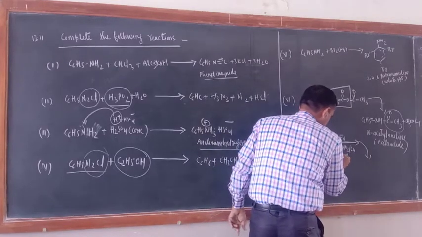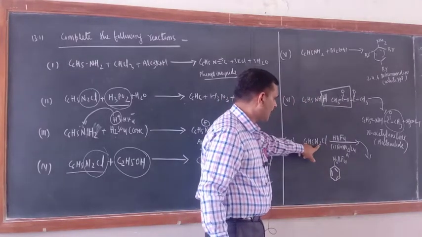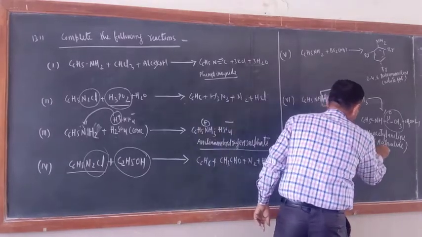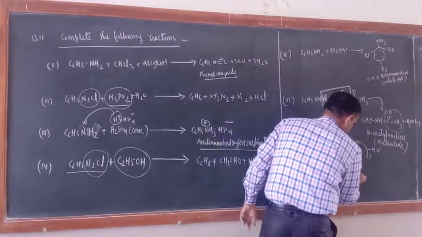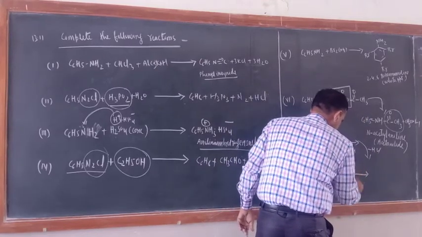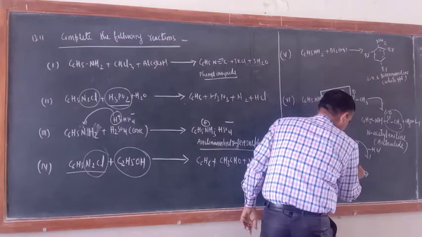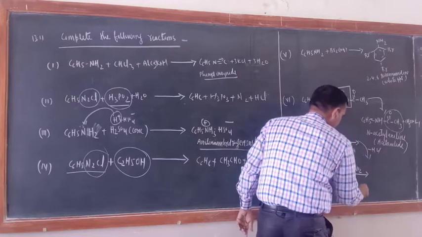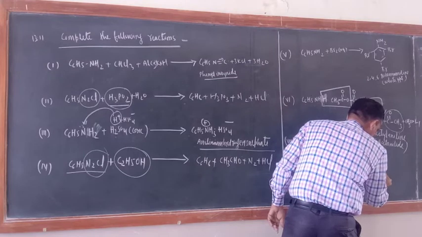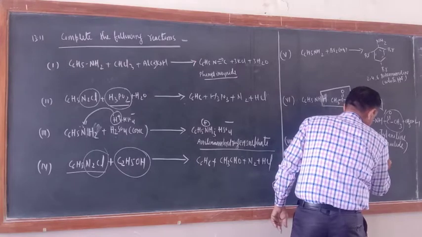First what would be there? Here N2BF4. Now this entire thing, minus HCl here. It will be attached. Now it should be heated. So when it is heated in the presence of NaNO2 and copper powder, the product is here. The nitro group will be introduced, NO2.